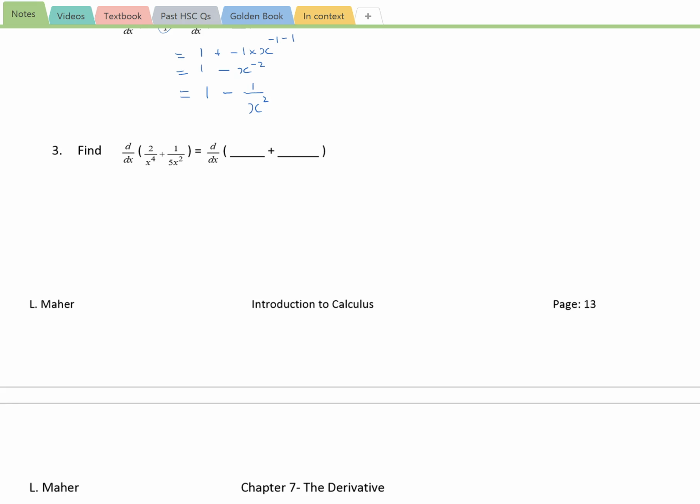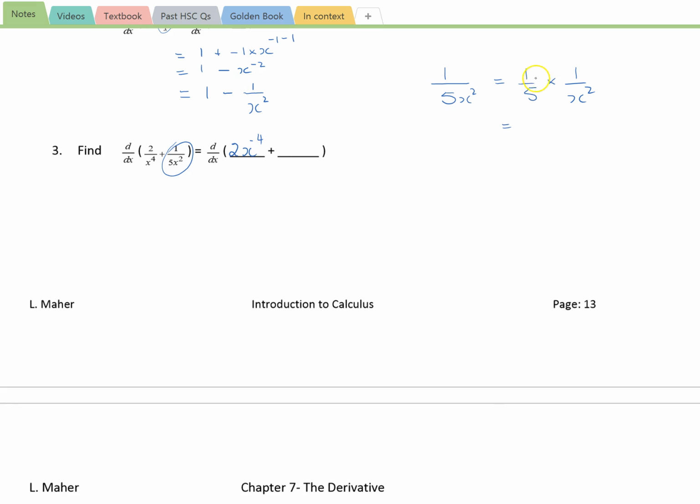Most students do not have any problem with writing that as 2x to the minus 4. However, lots of students still have problems with this. 1 over 5x squared is equal to 1 over 5 times 1 over x squared.